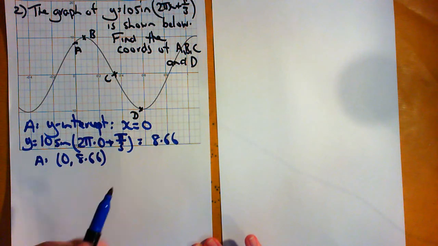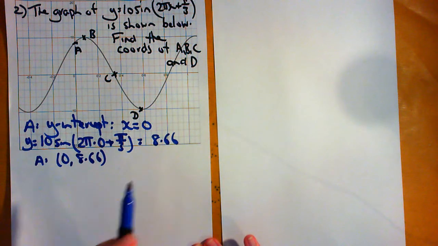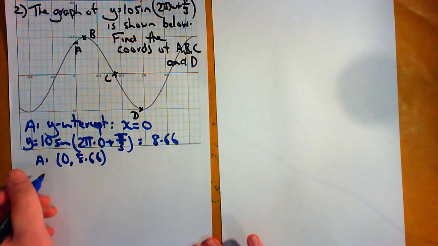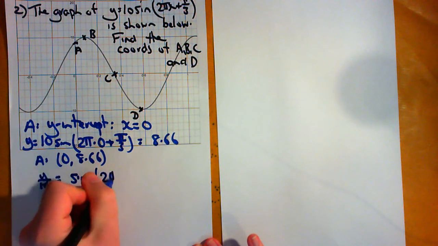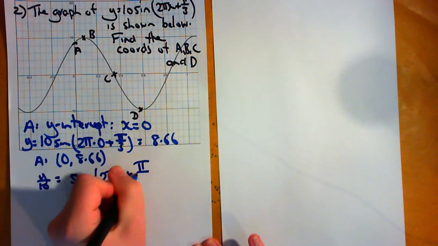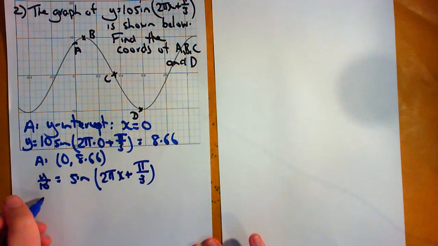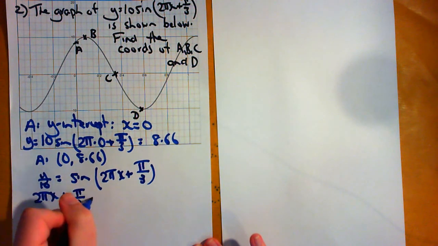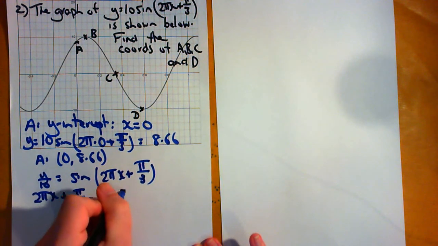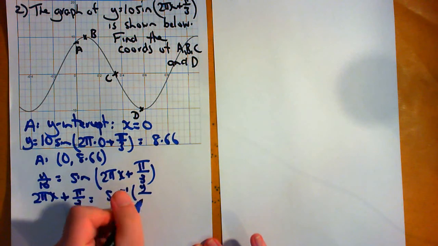Now for the others, it's not x that we'll be able to figure out, it's y. So we'll need to rearrange the equation to make x the subject. We start by dividing both sides by 10. So y over 10 equals sine of (2πx + π/3). Therefore 2πx + π/3 is going to be sine inverse of y over 10.